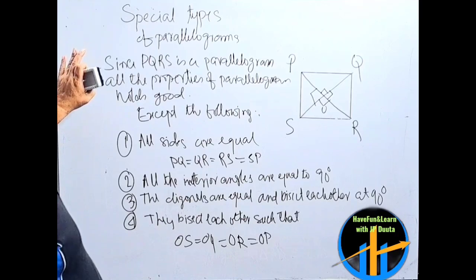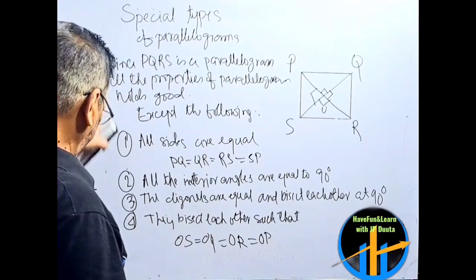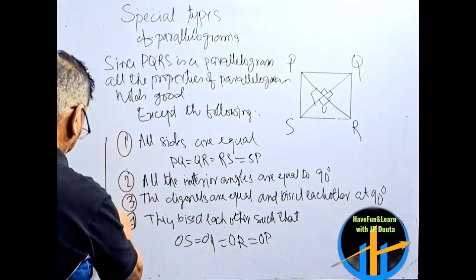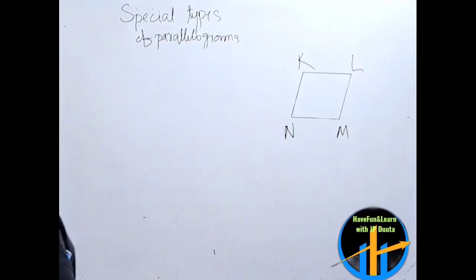So all the properties of a parallelogram except these are true for a square only.